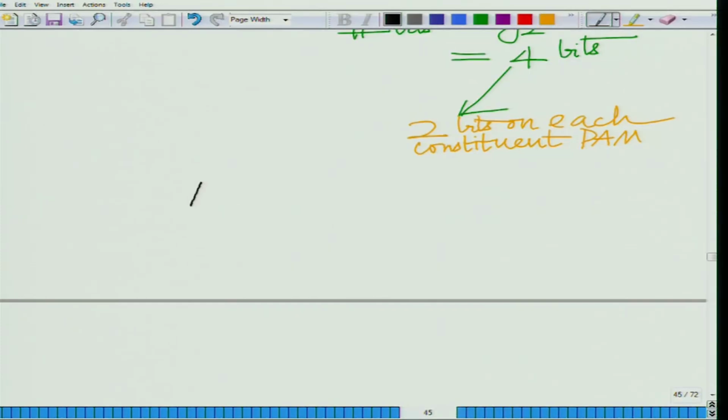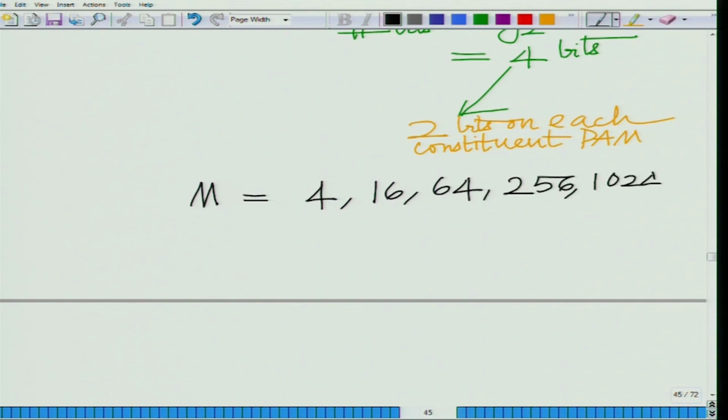So, you have M equal to 4, that is QPSK, 16 QAM, 64 QAM, 256 QAM, 1024 and so on. So, these are all the QAM. This is of course your 4 symbols, means 2 bits, means 1 bit on each in phase and quadrature.